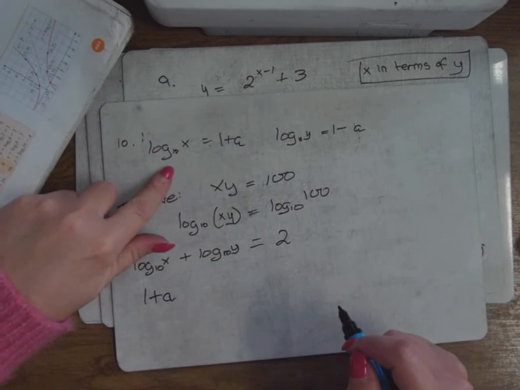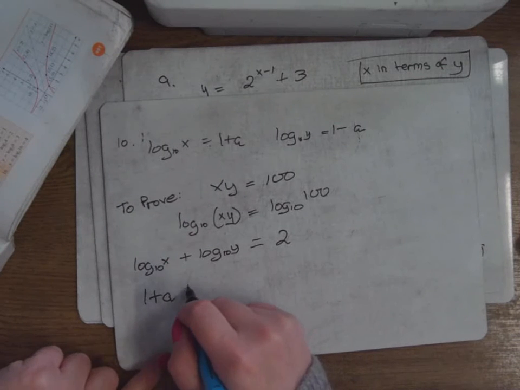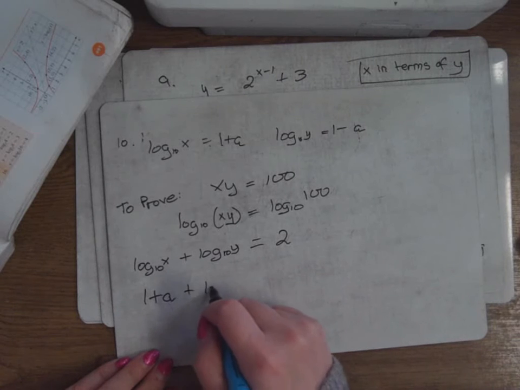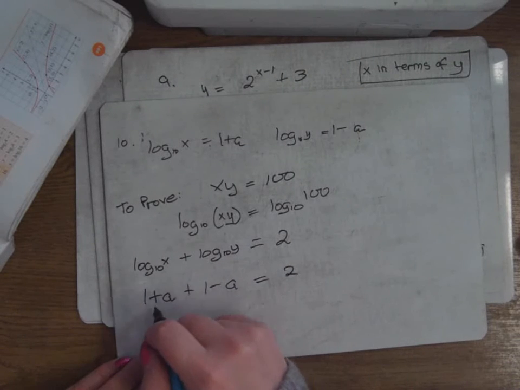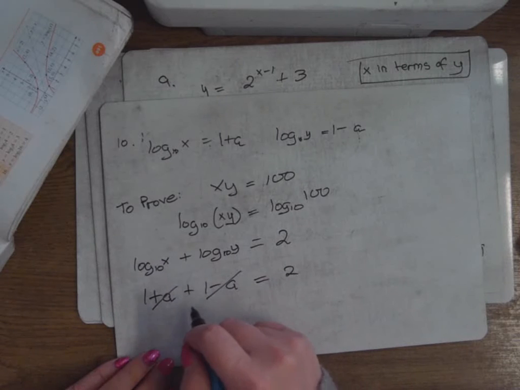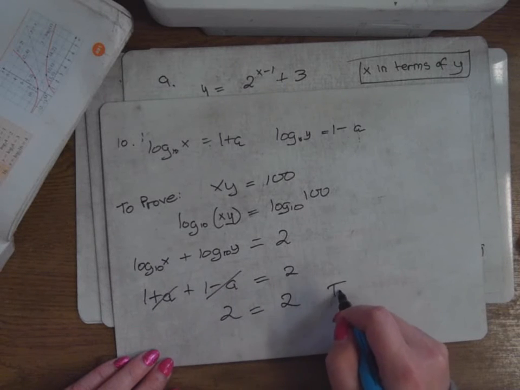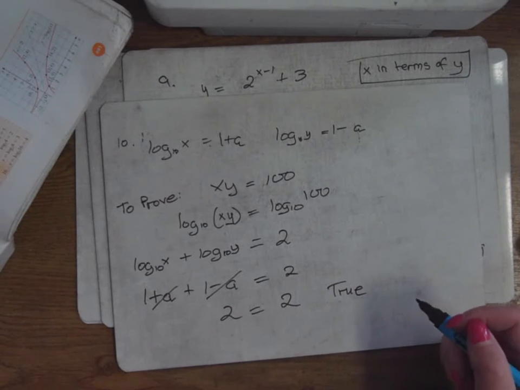Because they told me up there that it's 1 plus a. Instead of log of y, what can I write? 1 minus a, equals 2. And then tidy this up, plus a minus a gone, 1 plus 1 is 2. So I get 2 equals 2, so that is a true statement. So I have proved what they asked me to prove. Is that okay?